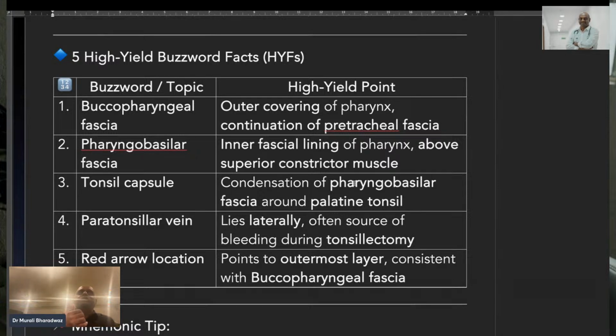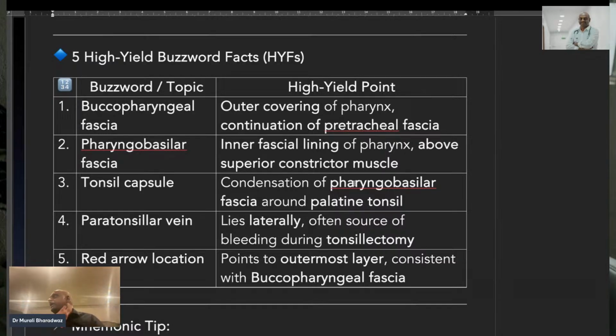So that is the reason this fascia which is overlying the trachea is called pretracheal fascia. This pretracheal fascia goes from the trachea up to the pharynx together, so it will be forming the outer covering of the pharynx, which is called buccopharyngeal fascia.